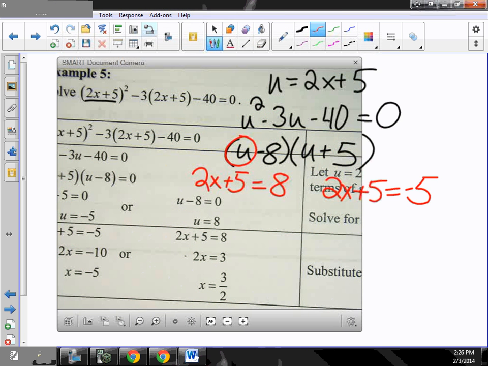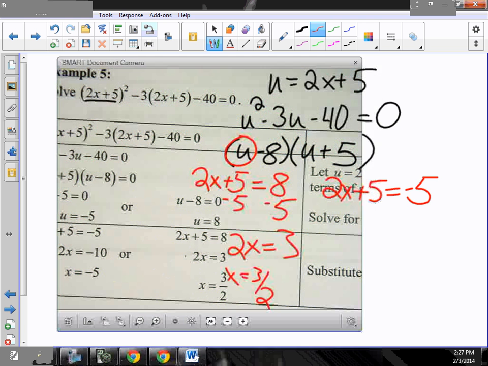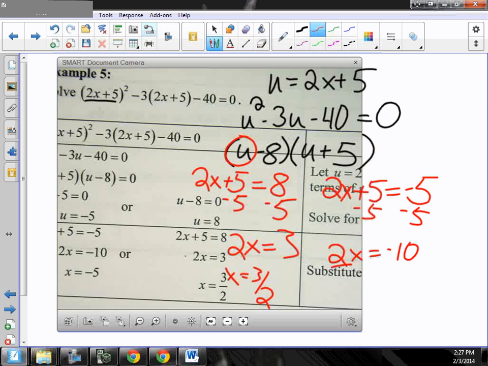Solve for x. Eight minus 5 is 3, so x equals 3 halves. So 2x equals negative 10, divide by 2, x equals negative 5.